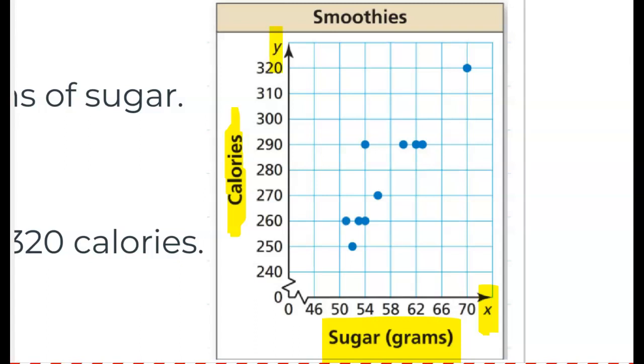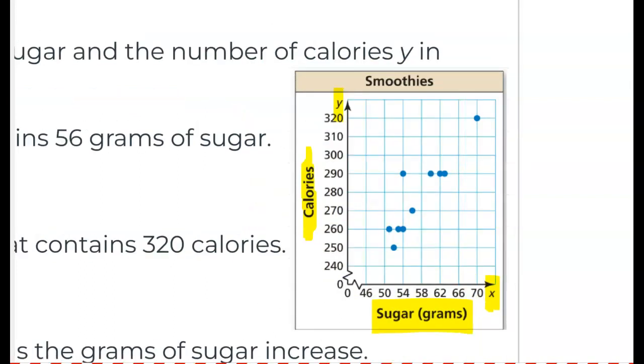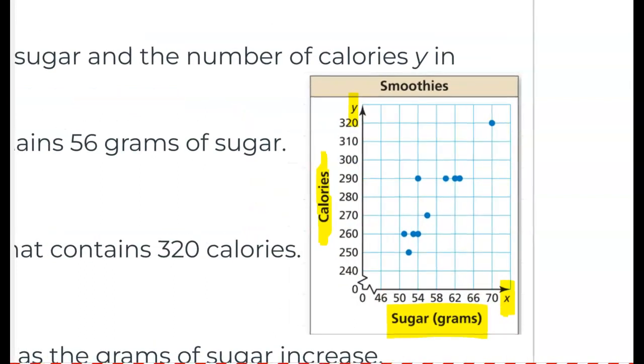And we know we're talking about 10 smoothies because there's 10 individual dots. If you were to count them, 1, 2, 3, 4, 5, 6, 7, 8, 9, 10. And notice each just looks like a point. All right. So that's an example of what a scatter plot could look like.